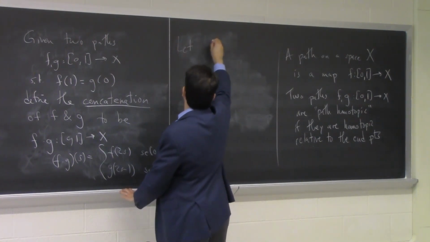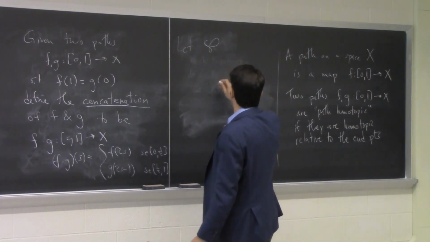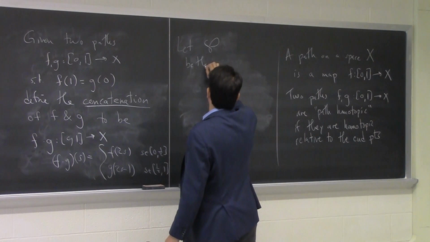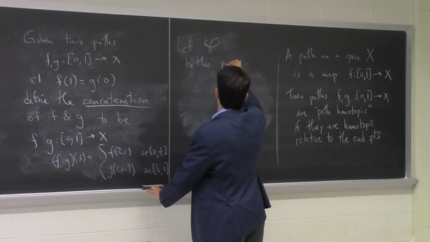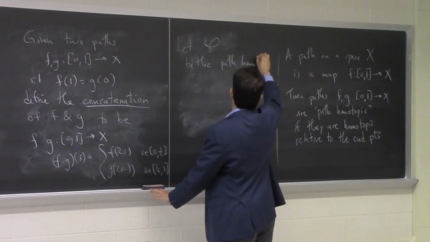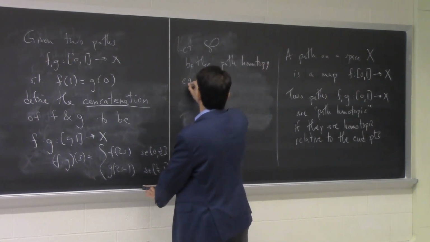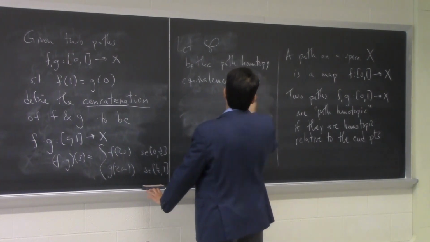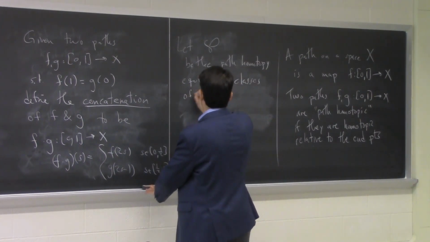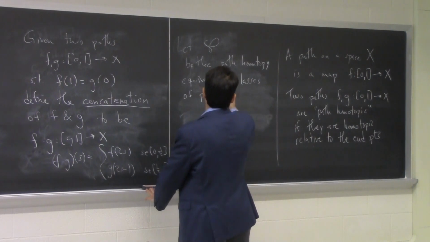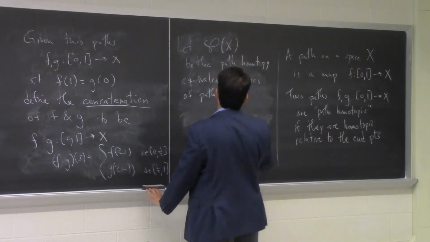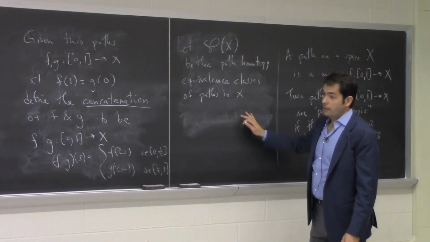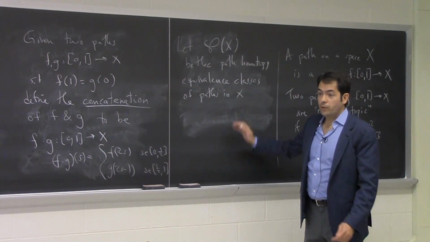Okay, let curly P of X be the path homotopy equivalence classes of paths in X. Right, so you have paths.